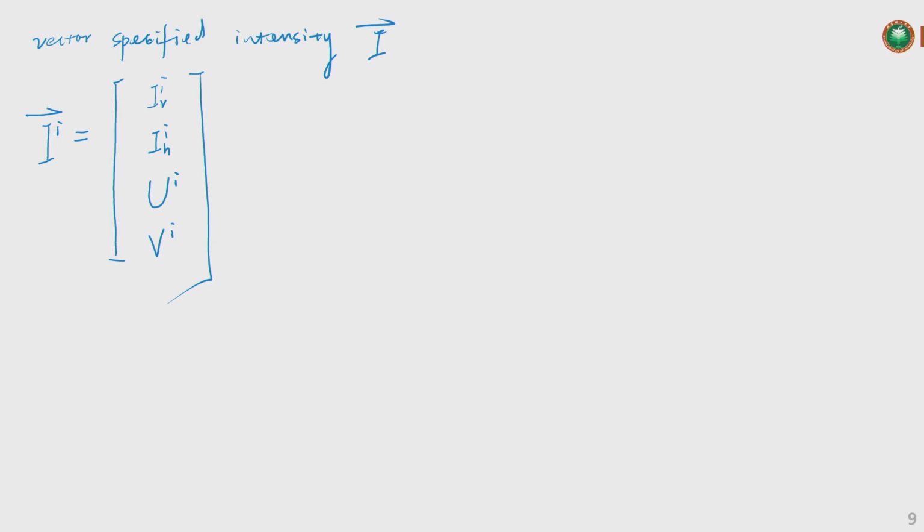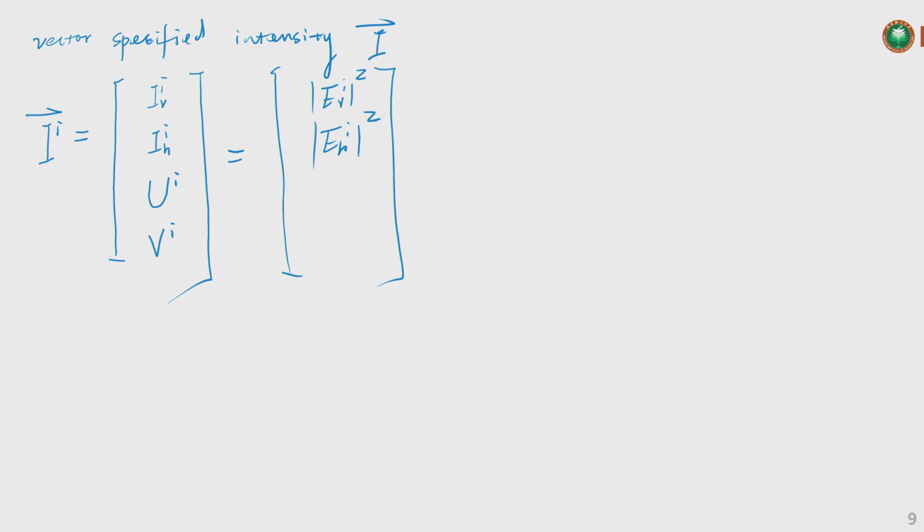So now, I_V and I_H correspond to the intensities. That means they equal |E_Vi| squared and |E_Hi| squared.